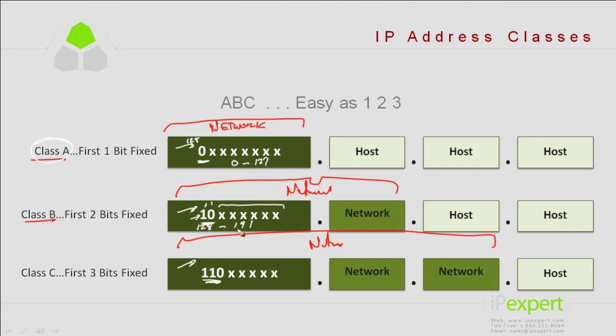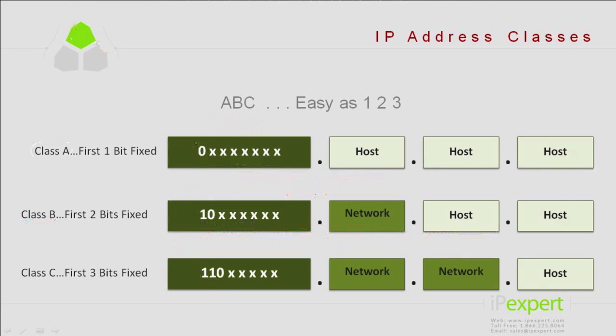Let me double check that. 128 plus 64, yeah, 191. I need to write this out. Let me do it this way. Let me go back over to the whiteboard, because I don't want to confuse anyone.